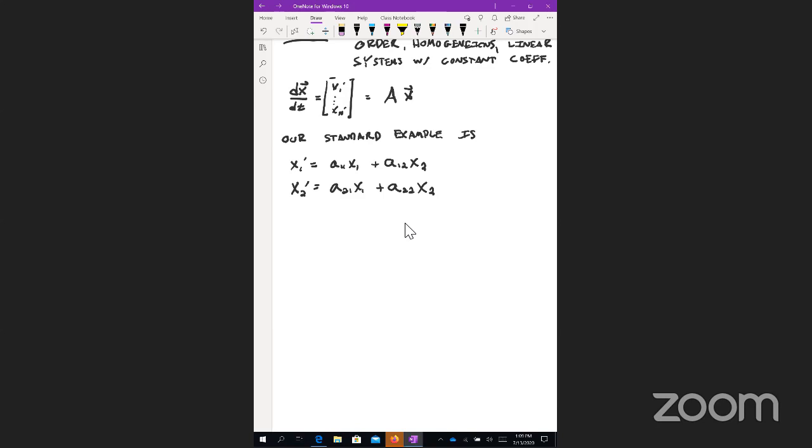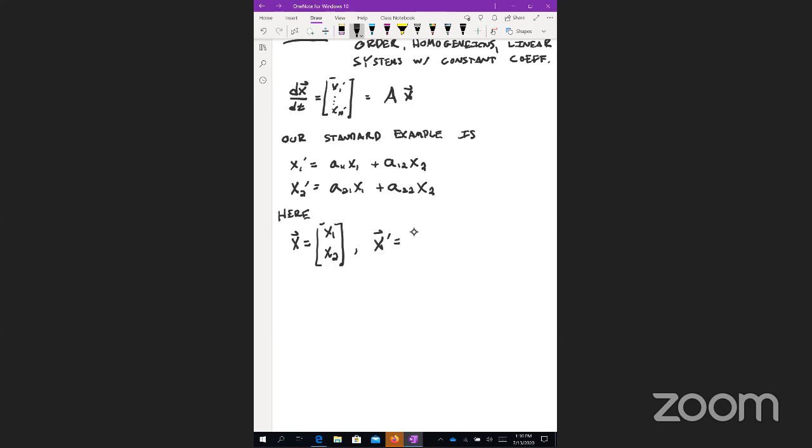Okay, so basically this is going to be our standard example. And here, the x vector is x1, x2.